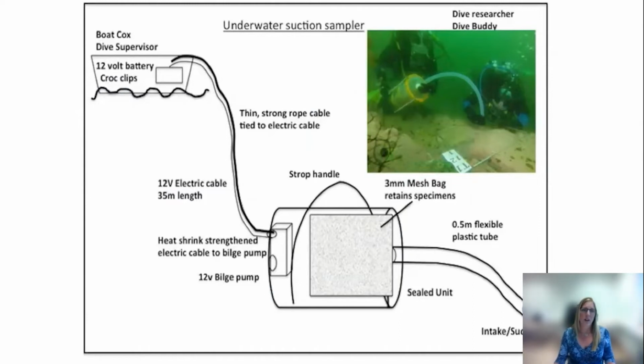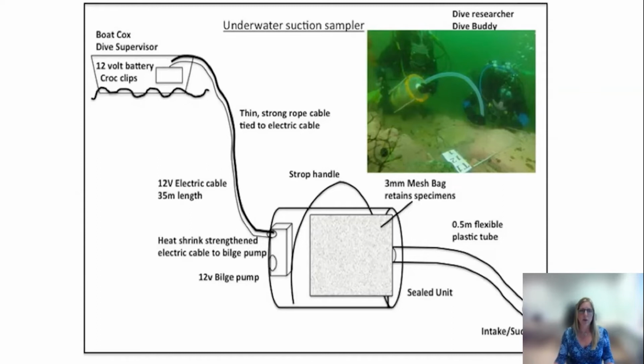As I said, fauna larger than 3 millimeters were collected, which is a challenge especially in cold polar waters with thick diving gloves. Therefore, megafauna was hand collected. Then all other fauna and flora were collected by a custom-made suction sampler. This suction sampler, as you can see on the slide, was designed and made especially for this piece of research.